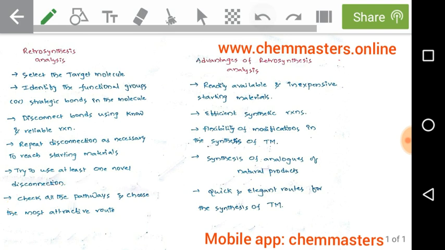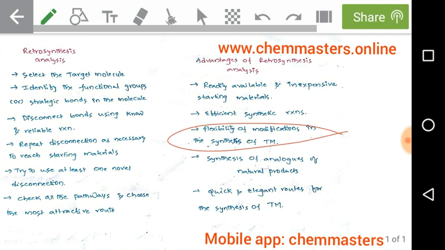So what are the advantages of retrosynthesis? Retrosynthesis leads to readily available and inexpensive starting materials, efficient synthetic reactions, and flexibility of modifications in the synthesis of the target molecule. That means in retrosynthetic analysis we can disconnect the target molecule in many ways, so we can choose the appropriate or most attractive route to synthesize the target molecule.